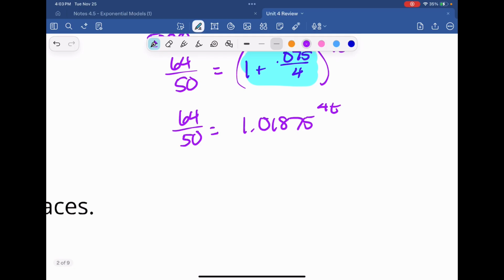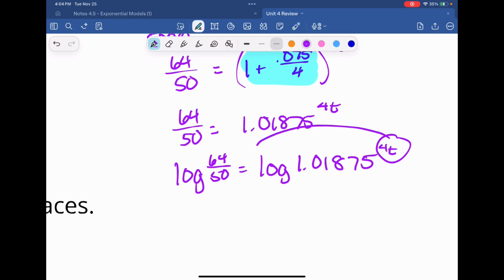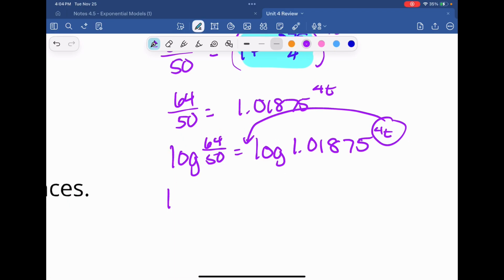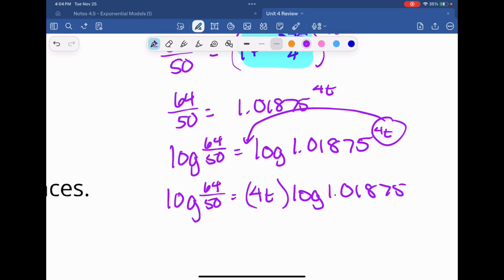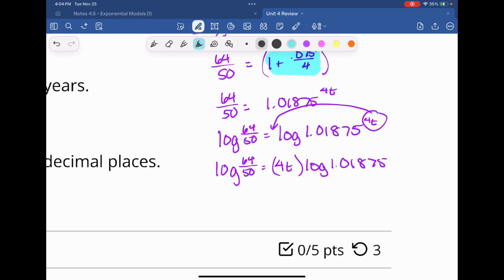I'm gonna take the log of both sides. Exponents become coefficients. Divide by the log.